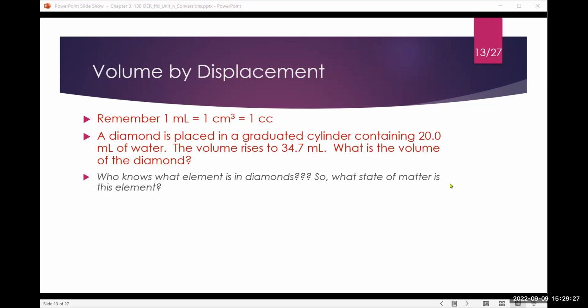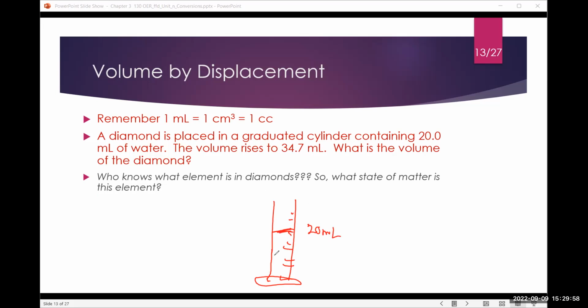And this is kind of trying to demonstrate it here, where you have a diamond and you put it in a graduated cylinder, which is basically just a cylinder with markings. Okay, it's a tool we use to measure volume. And it has a base here and it's got the markings to measure volume, okay? And so if you start off with 20 milliliters of liquid, sometimes water, so it starts off there, you measure it, okay?